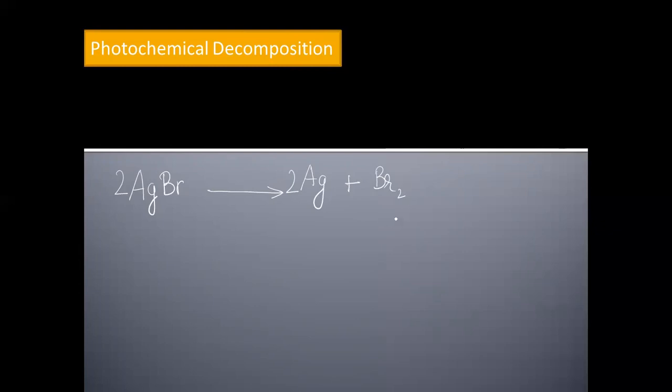Bromine at room temperature is liquid. My dear friends, you need to know it. Silver is solid, but bromine is liquid. Now, photochemical decomposition of silver chloride and silver bromide is given in NCERT also. These are the two reactions which are used in black and white photography.